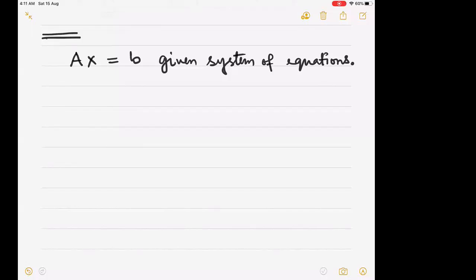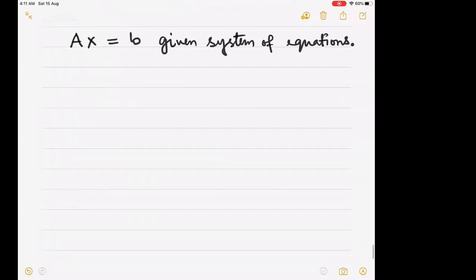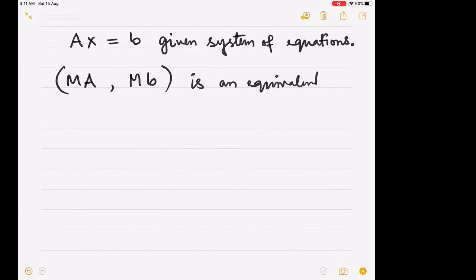The first thing that I need to notice is the following. From the last module, we have seen that one way to do this is by multiplying A by M and also multiplying B by that same M. This is an equivalent system to the original one when M is invertible.